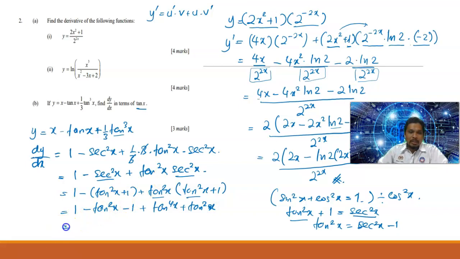Okay, so then 1 minus 1 equal to 0. Tangent square minus tangent square. So what's left here now? Tangent to the power of 4 x. There you go.